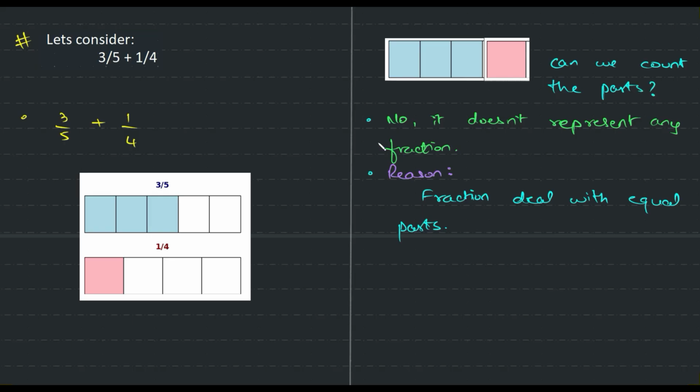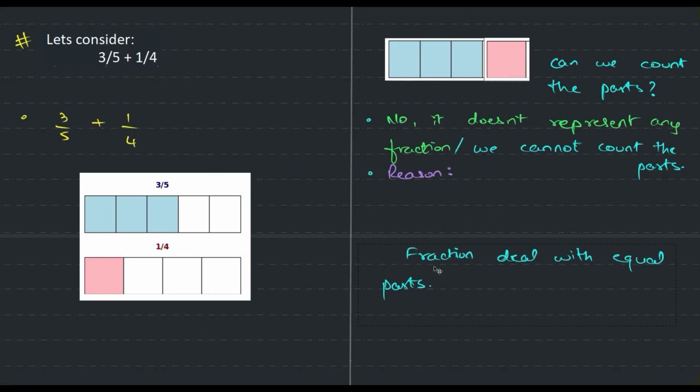The answer is no. It does not represent any fraction. We cannot count the parts, the divisions. And we understood the reason as well: fraction deals with equal parts. That's one of the things that we stated very clearly.